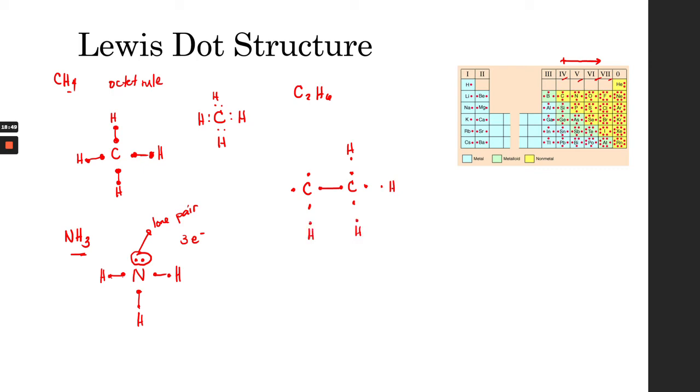So this is just the basics. It can actually get a little complicated, especially when we start counting for formal charges, but let's just keep it basic for now. So this is C2H6, the structural formula for C2H6. So far these are a little bit easy.